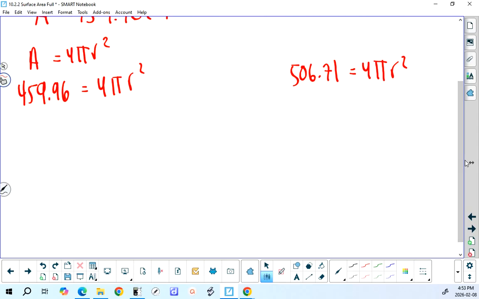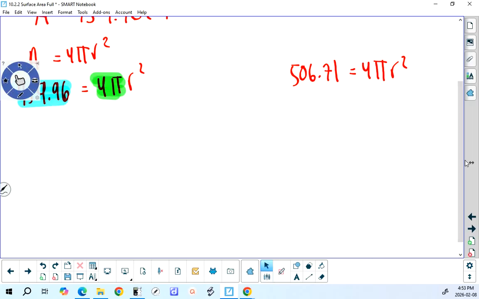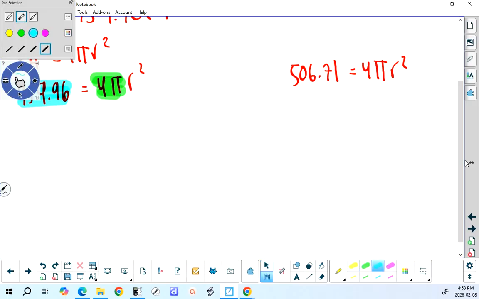You have to divide this blue thing by this green thing to get r squared by itself. You have to divide this by this to get r by itself.